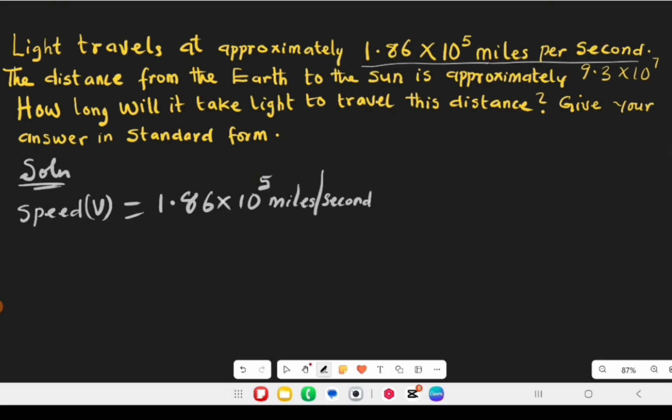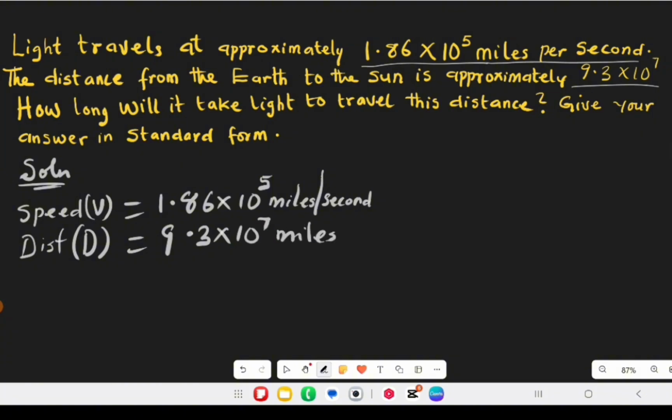Then the distance from Earth to the Sun is approximately 9.3 times 10 raised to the power of 7, which is distance denoted by capital D, equal to 9.3 times 10 raised to the power of 7 miles. Now, how long will it take light to travel this distance? Then we are talking of time denoted by capital T, which is not given.